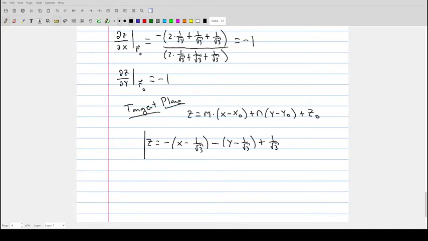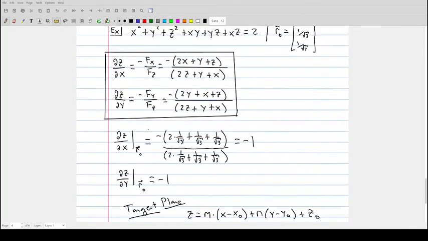So this expression right here should give us the valid tangent plane on this level surface using the information about the partial derivatives that we obtained using implicit differentiation.